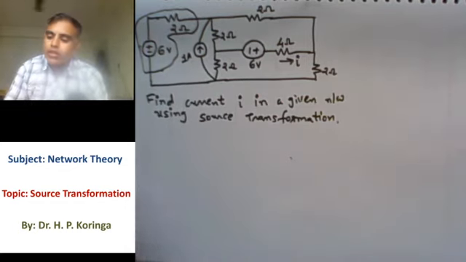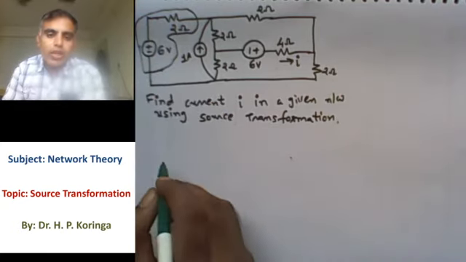If we convert this voltage source into a current source, it will reduce one component. So let's convert this voltage source into an equivalent current source.